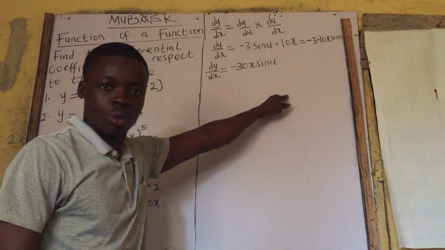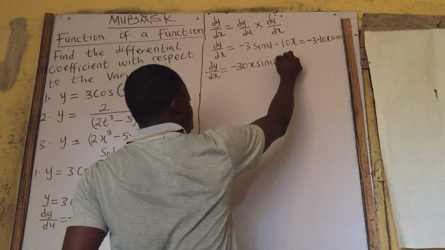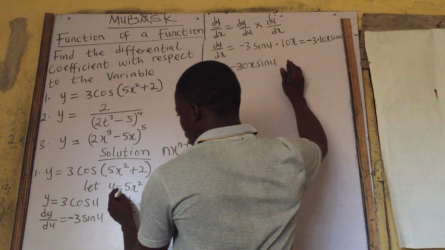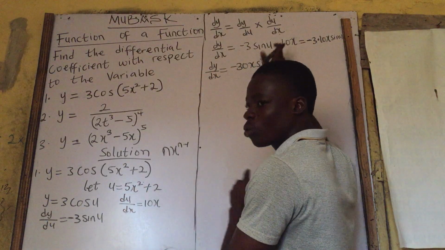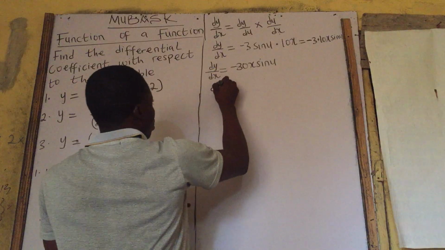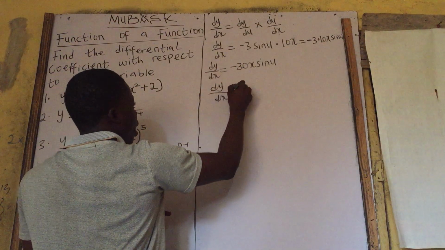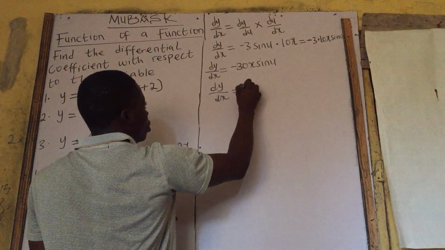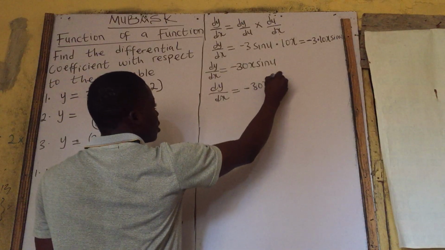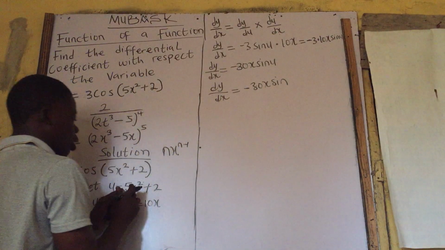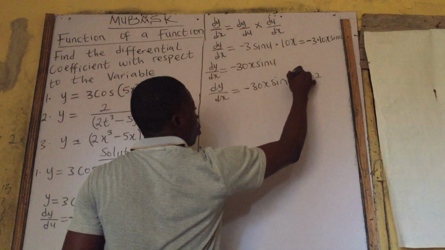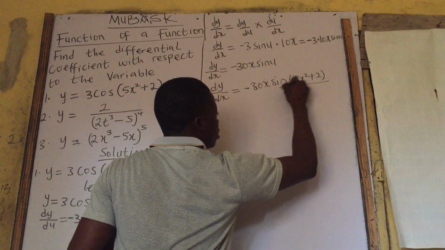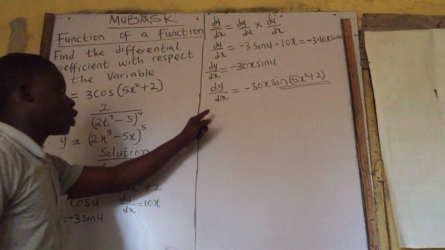Now we have to substitute back. Our function is 5x² + 2, so we substitute back for u. Now dy over dx equals minus 30x sin(5x² + 2), all in bracket. This is our final answer for question 1.